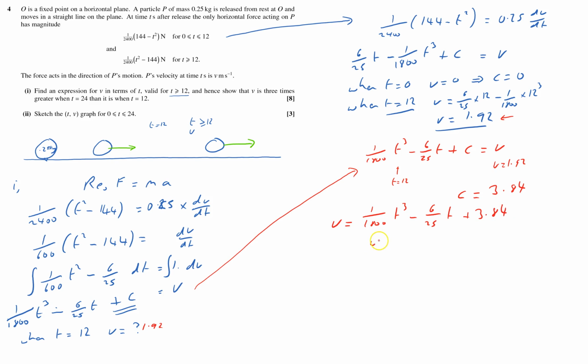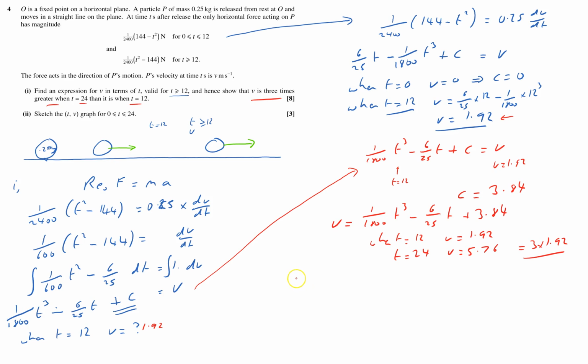We know when t equals 12, v equals 1.92. I want to know when t equals 24. Substituting 24 into this expression, I get v equals 5.76, which equals 3 times 1.92, which is what I wanted. I've shown that it's 3 times greater when t equals 24 than when t equals 12.